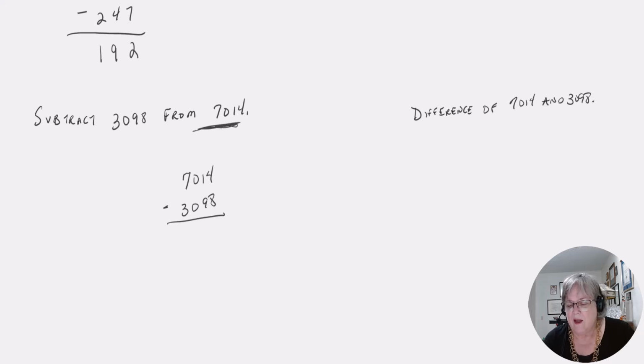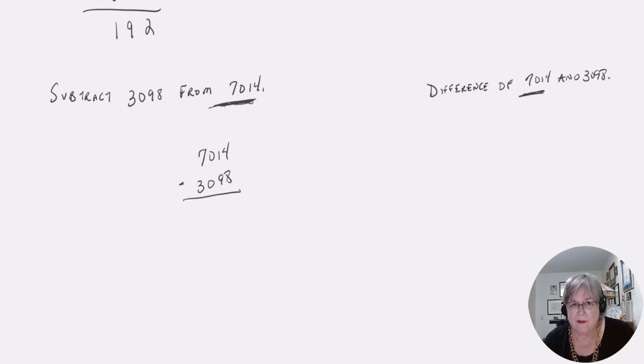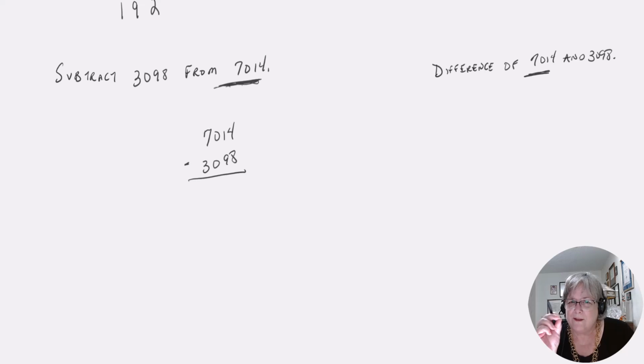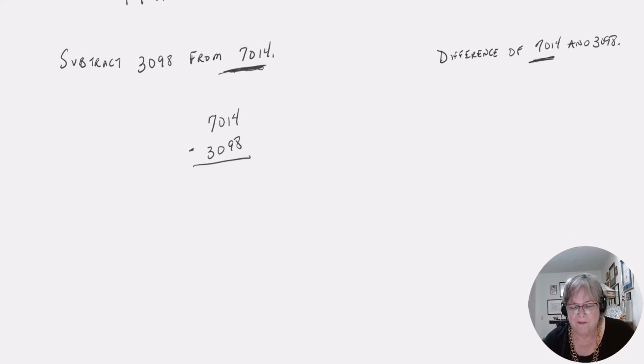And if it uses the word difference, the first number they list is the one you start with. Subtract from means you start with the from. Difference says do whatever they ask in the order that they asked it, so 7,014 would be the first one. That's a tiny detail that makes the difference between the right answer and the wrong answer.